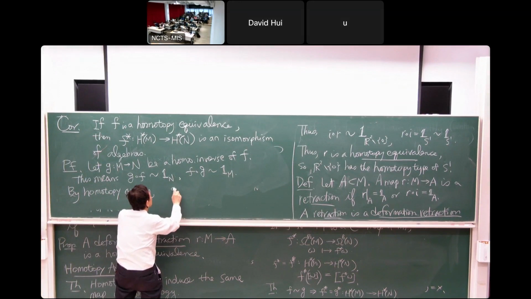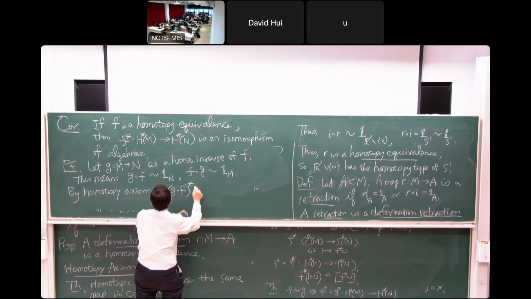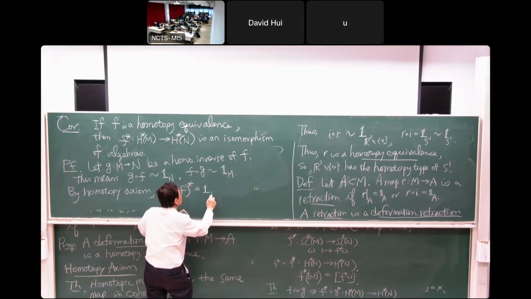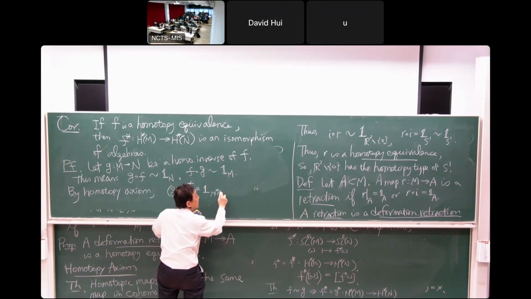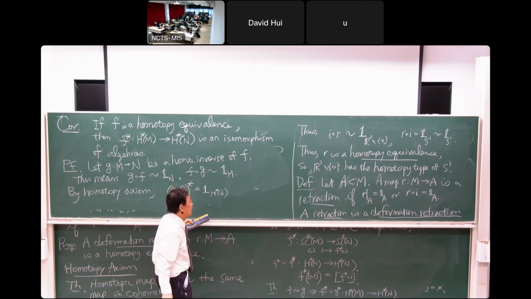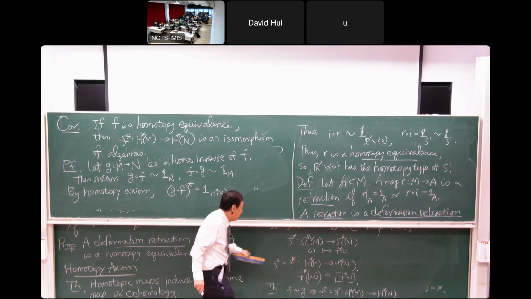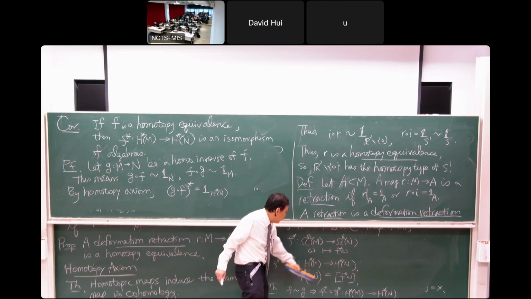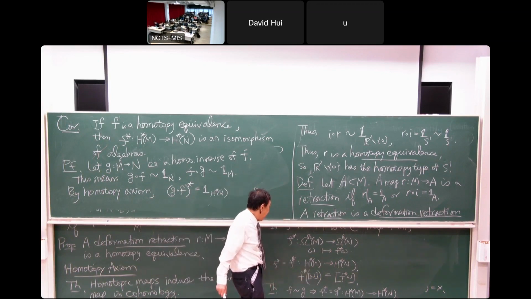Then you get G composed with F star is the identity on the cohomology of N. I'm using F star for the induced map in cohomology now. I wrote F hatch there.